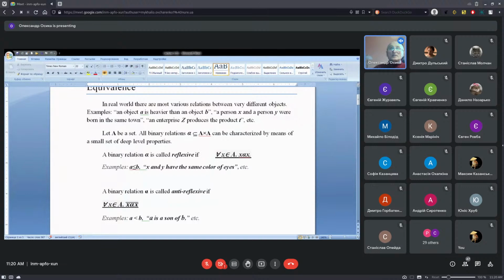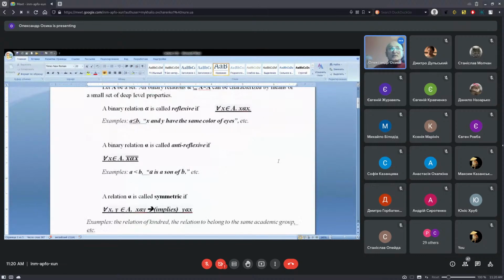A relation is reflexive if for every x from A, the element is in relation alpha to itself. I don't discuss examples, I just remind you.